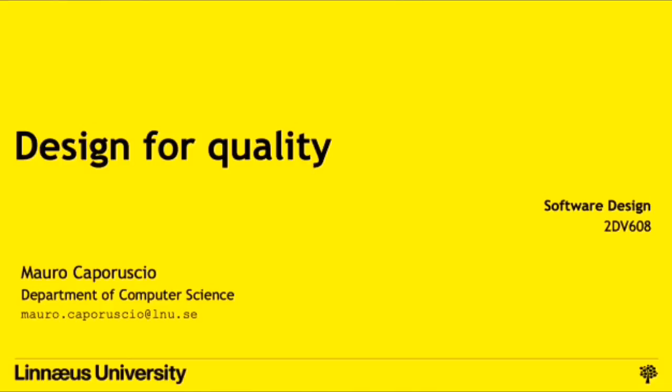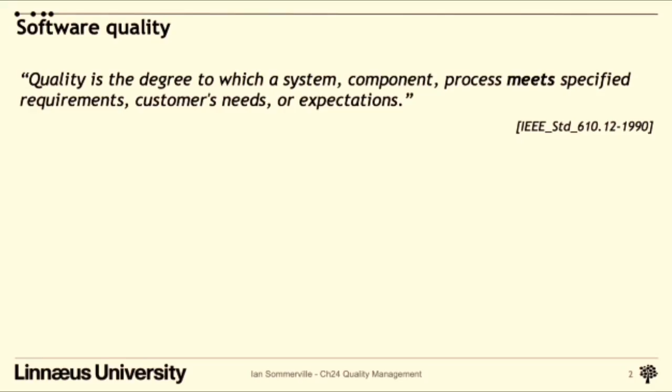Design for quality. So let's first of all recap what quality is. Quality is defined as the degree to which a system, component, or process meets the specified requirements or the customer's needs or expectations.